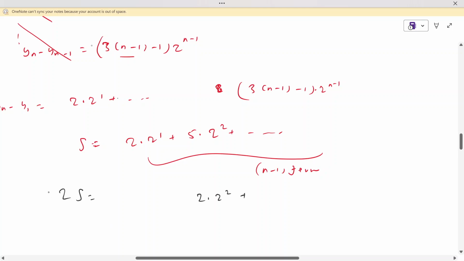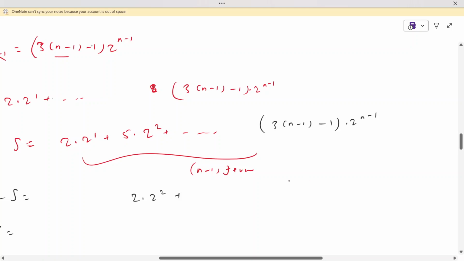And so let us subtract in this way. So minus S should be equal to, it would be the 3n minus 1 into 2 to the power n minus 1. When I subtract, only the 3 will be there.